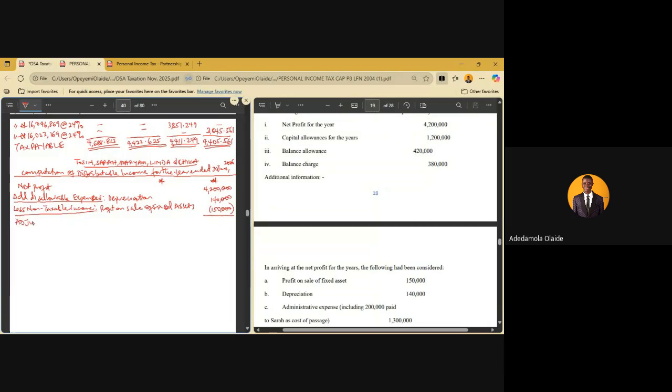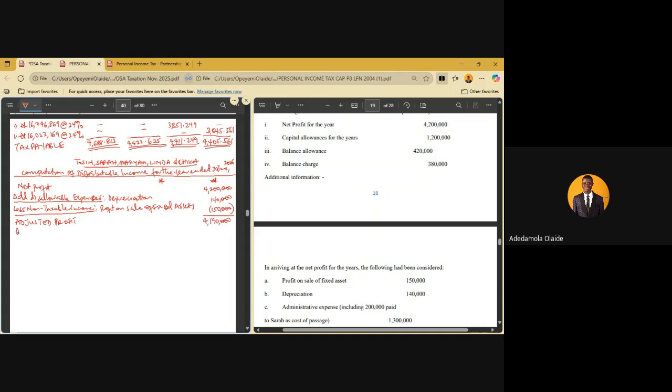Adjusted profits. Adjusted profit will be 4,190,000.